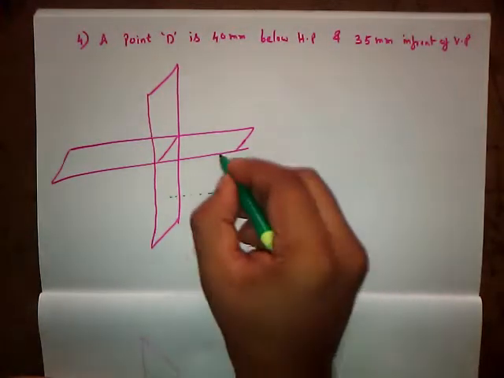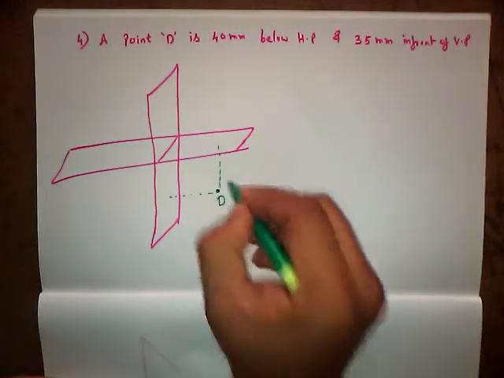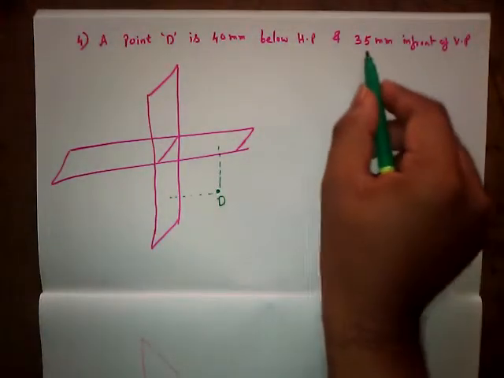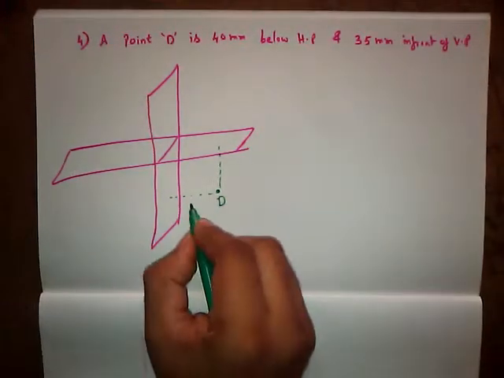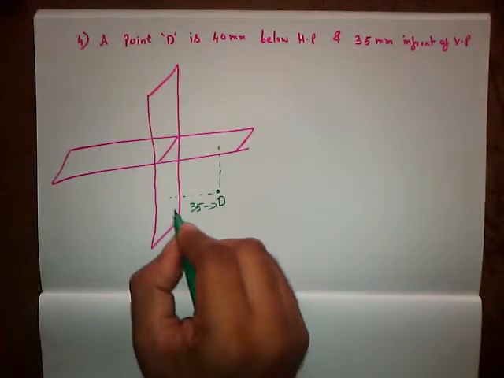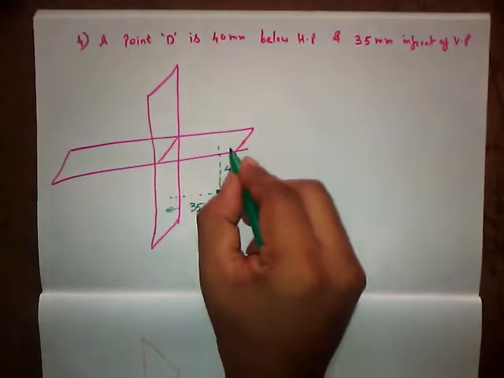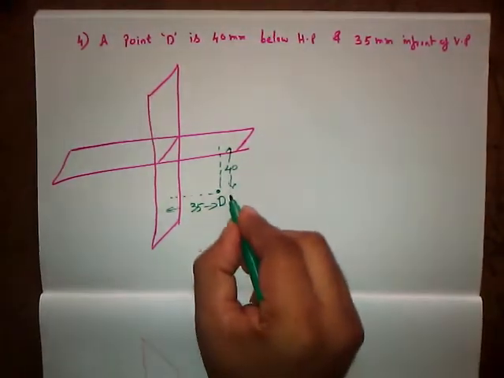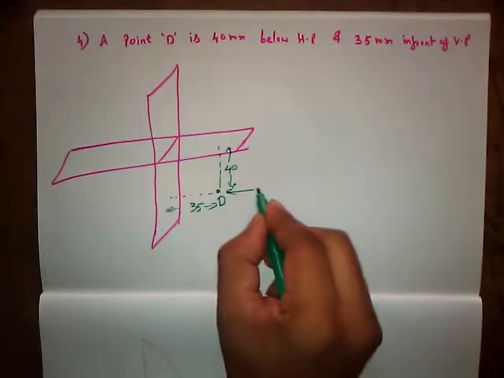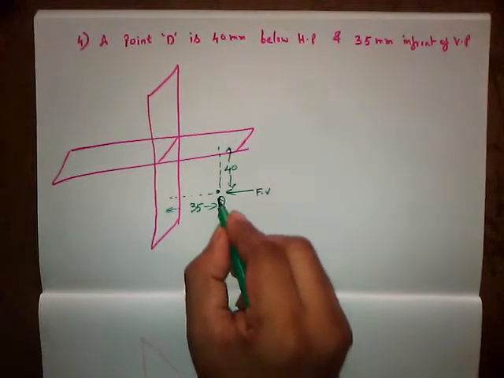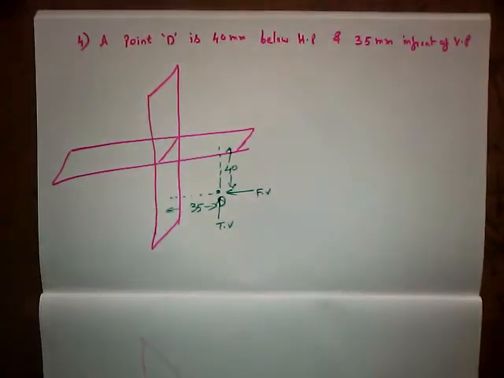Let us keep the dotted lines. From VP, what is the distance? 35 mm from VP, so this is 35 mm. And from HP, what is the distance? 40 mm. Now we need to view horizontally, the front view. This is going to be our top view.